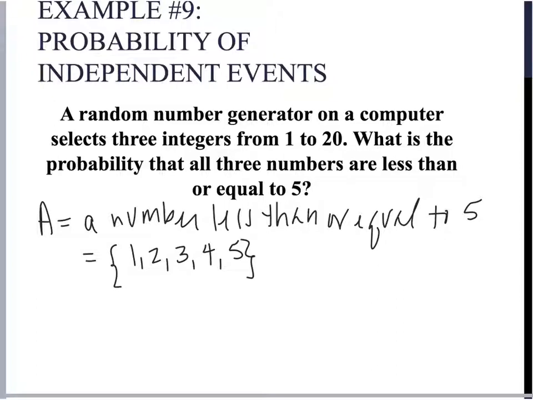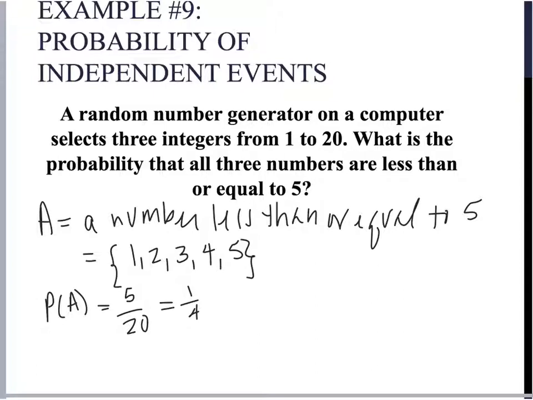Okay? So the probability, out of 20 numbers, of selecting a number that is less than or equal to 5 would be 5 out of 20, which is 1/4.